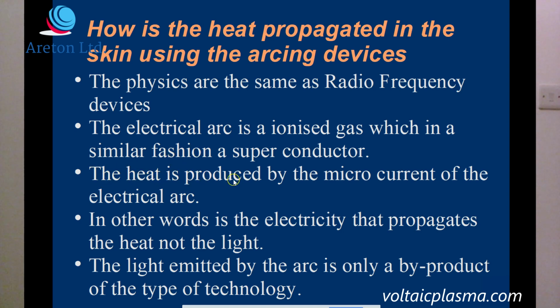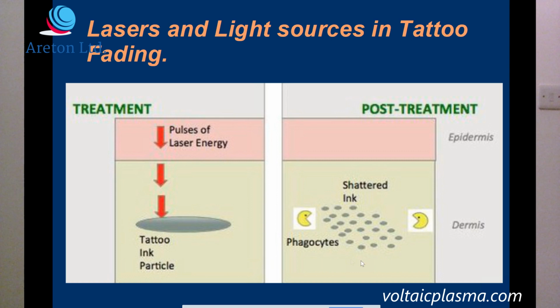So it's the heat produced by the microcurrent of the electrical arc that causes the effect on the skin. In other words, it's the electricity that propagates the heat, not the light. The light emitted by the arc is only a byproduct of the type of technology or the type of physics that we're using in these devices.